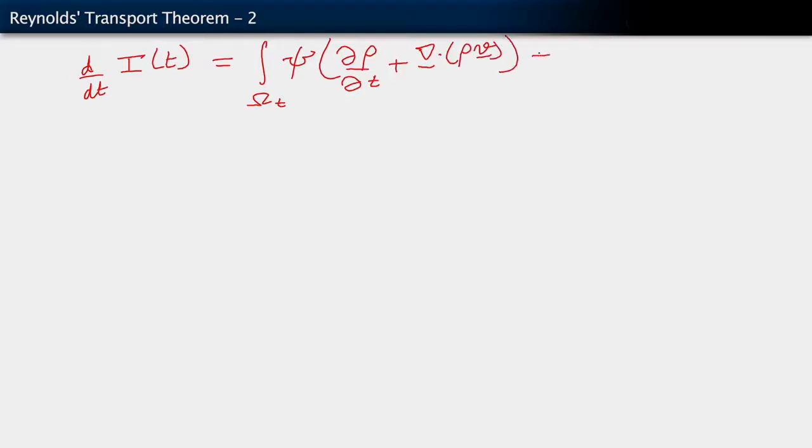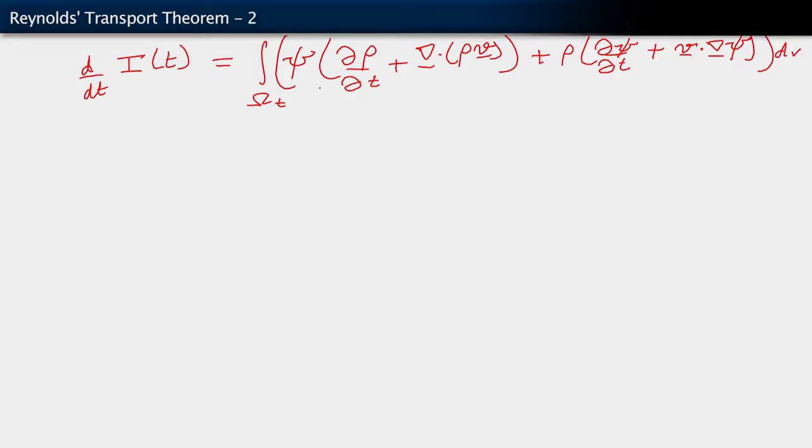The next term was rho times the partial time derivative of psi plus v dotted with the gradient of psi. This is what we had on the previous slide; I've just grouped terms differently.